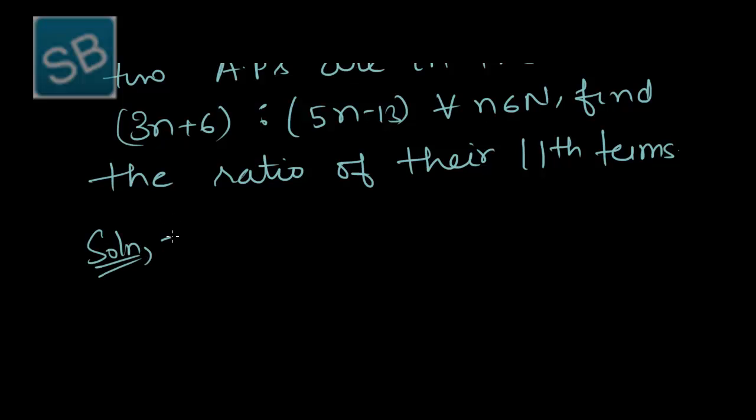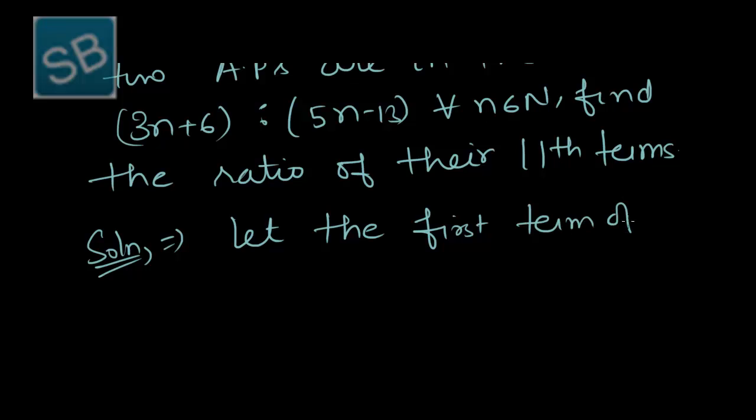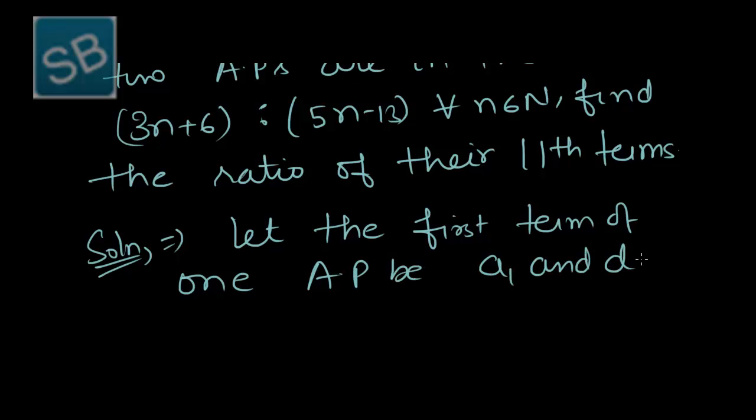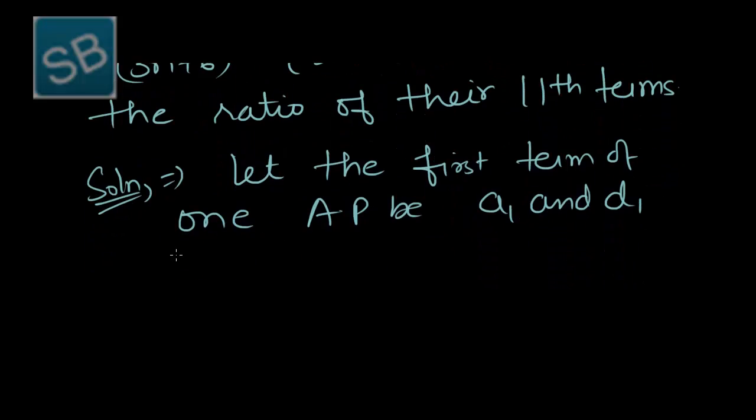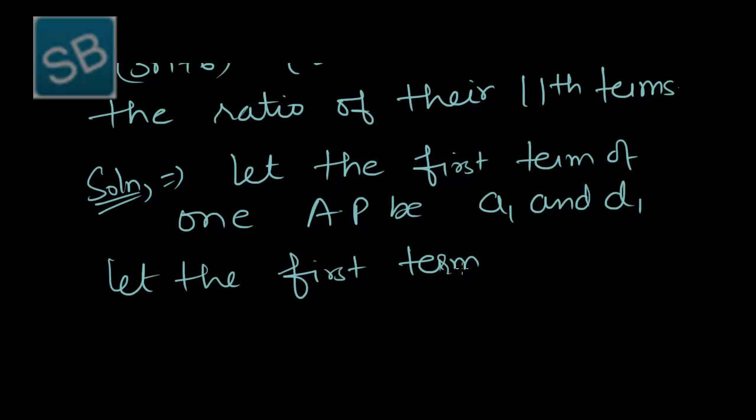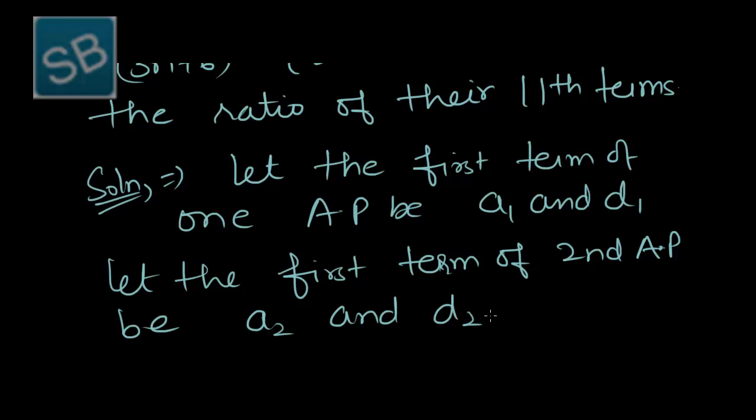Now the solution is, let the first term of the first AP be A1 and the common difference be D1. Now let the first term of the second AP be A2 and the common difference D2.